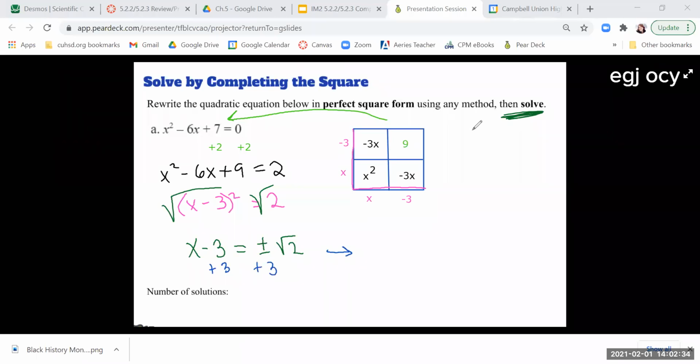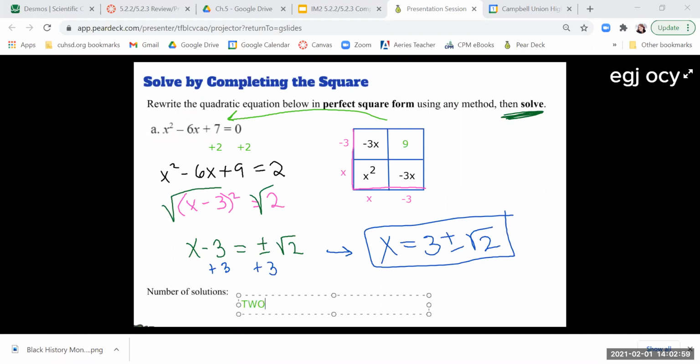And this gets me x equals positive 3 plus or minus the square root of 2. And I'm going to leave it like this because this is a perfect answer. It's the exact answer. It has an irrational root 2 in it. That's fine. I actually have 2 solutions here. I have 3 plus root 2, and I have 3 minus root 2.